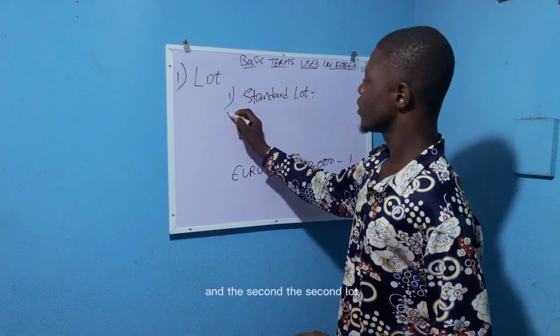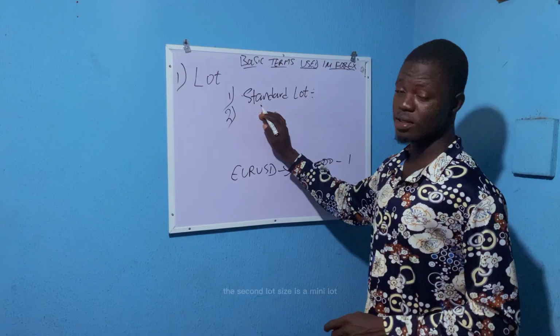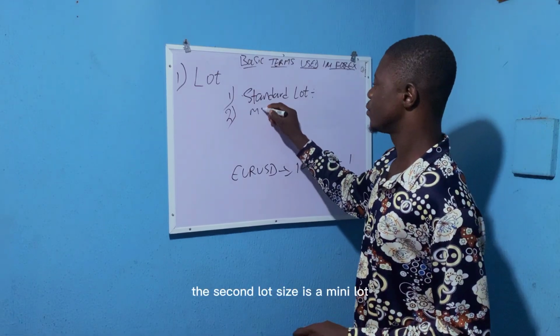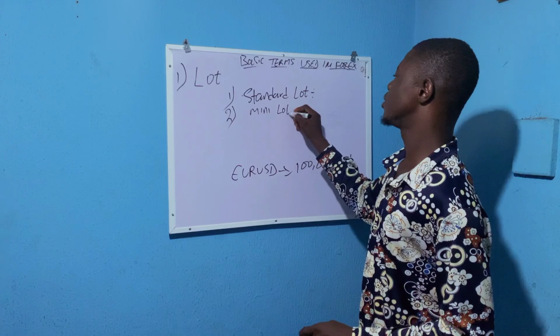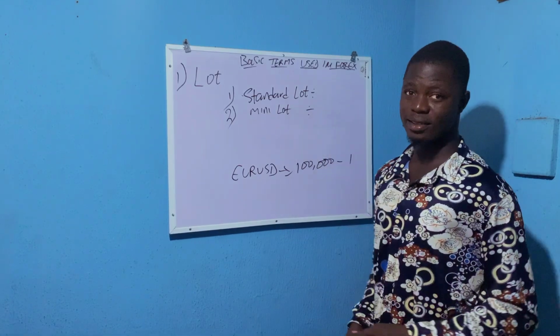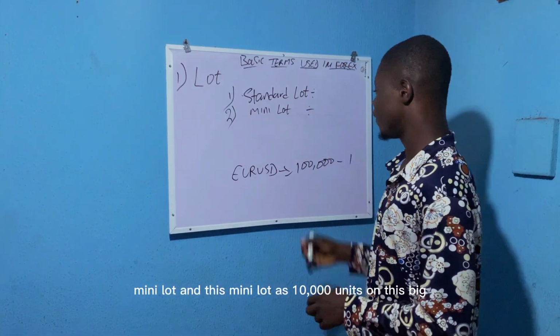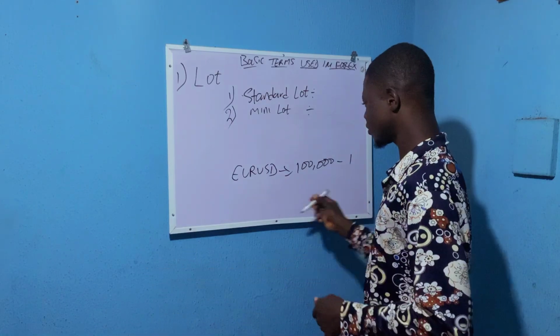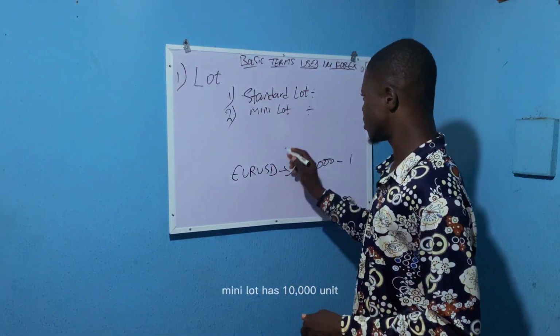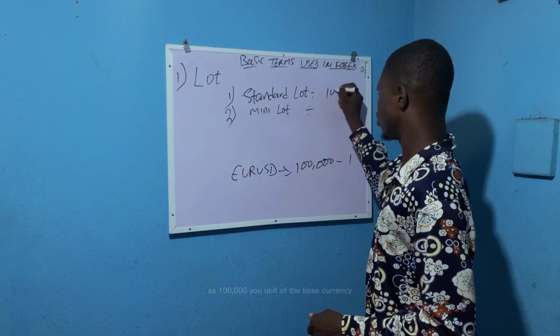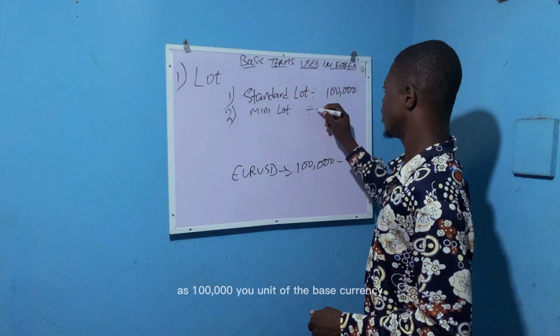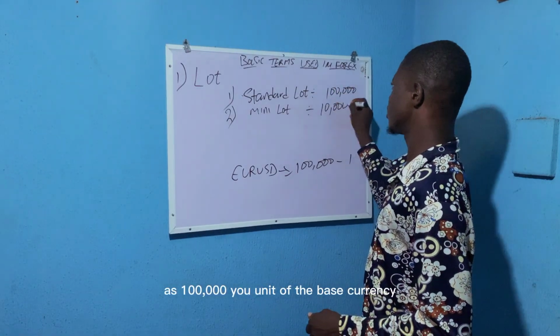Now the second lot size is a mini lot. This mini lot has 10,000 units of the base currency. The standard lot has 100,000 units of the base currency, and this one has 10,000 units of the base currency.